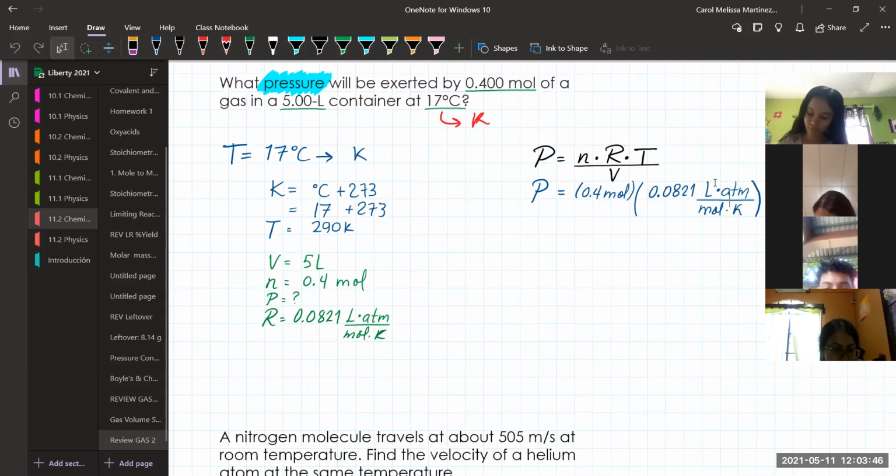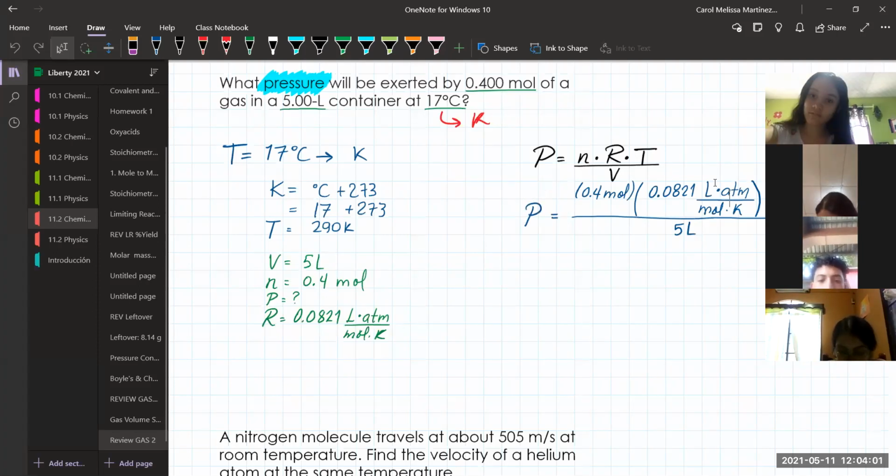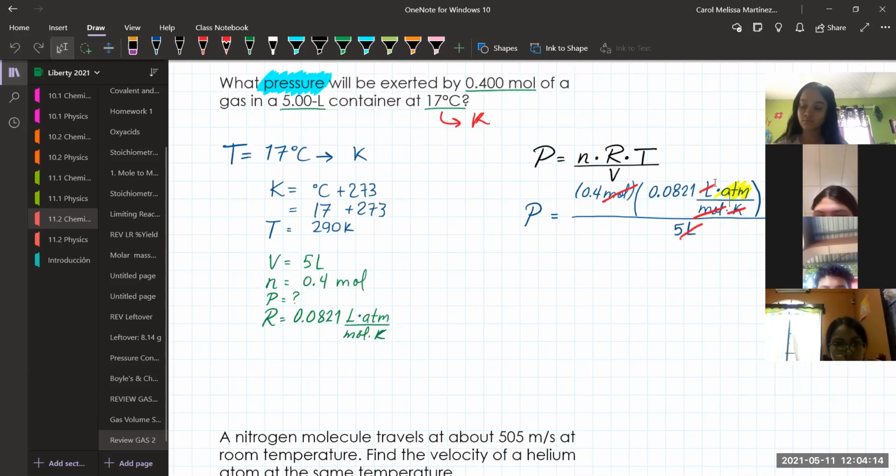290 Kelvin, all this divided by 5 liters of the volume in the container. So this allows me to eliminate moles with moles, kelvins with kelvins, liters with liters, and the remaining unit is going to be ATM.